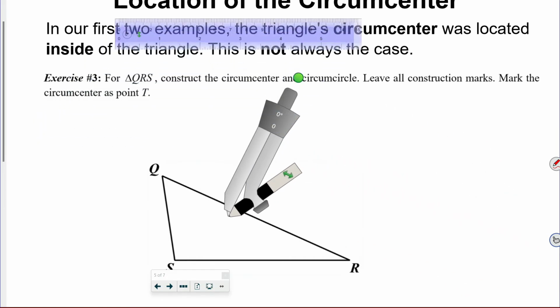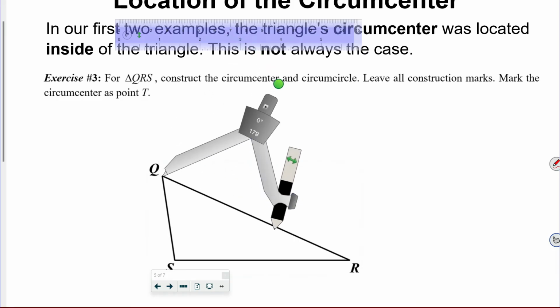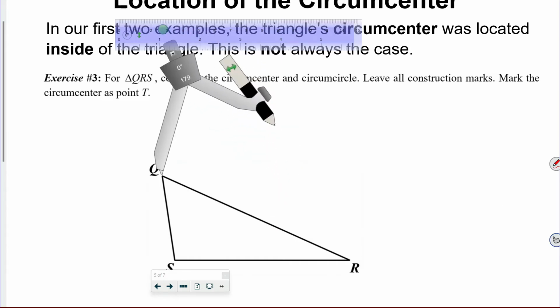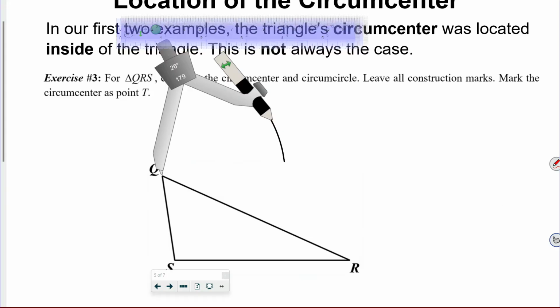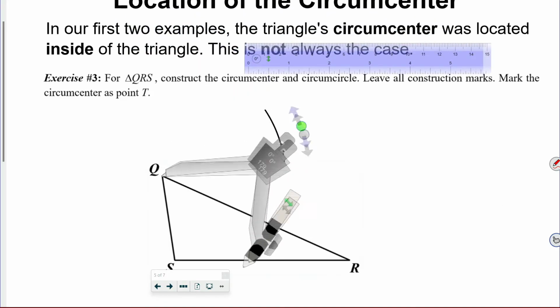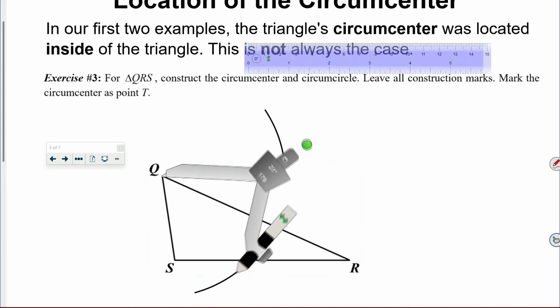So here comes my perpendicular bisector again. I told you this particular lesson was going to be all about that. All right, so again, let me try to be as accurate as possible. Still not quite on cue. It's not bad. I'll take that. Drifts. All right. Let me get rid of that. Bring it down here. Bring this up.